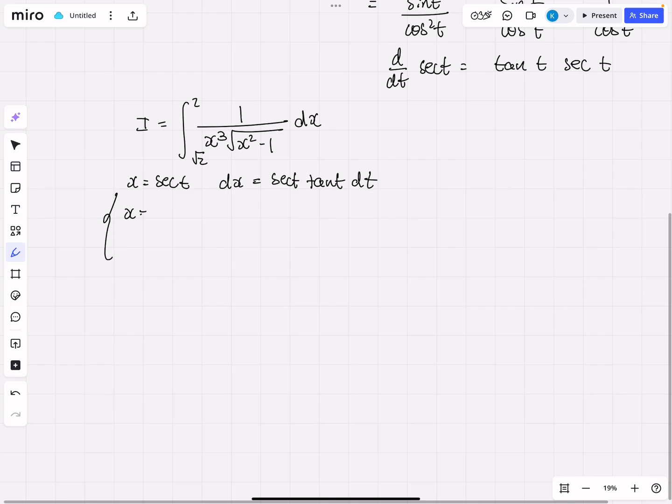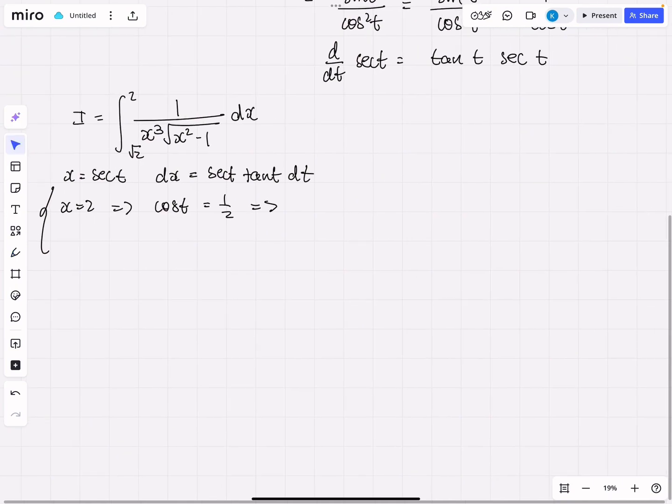And we know that when x equals 2, we have cosine t equals 1/2, which implies that t equals the inverse cosine of 1/2, which is pi over 3. If you didn't quite get how I got this cos t equals 1/2, that's because, remember, sec t equals 2, 1 over cos t equals 2.